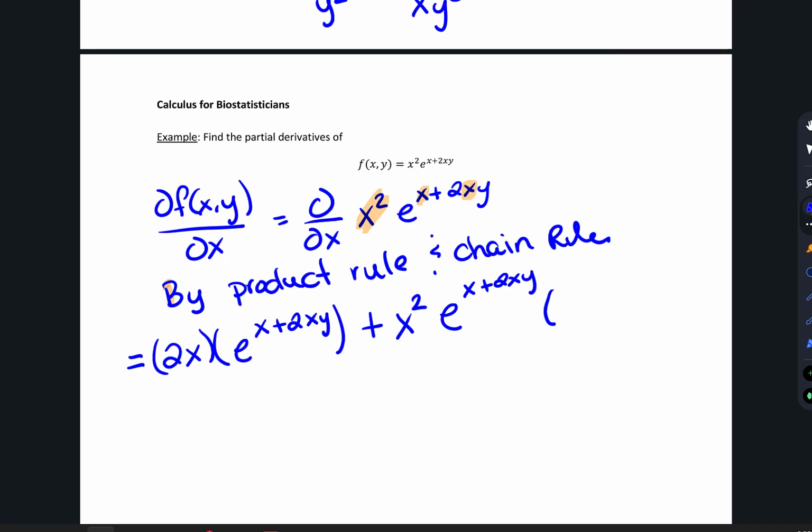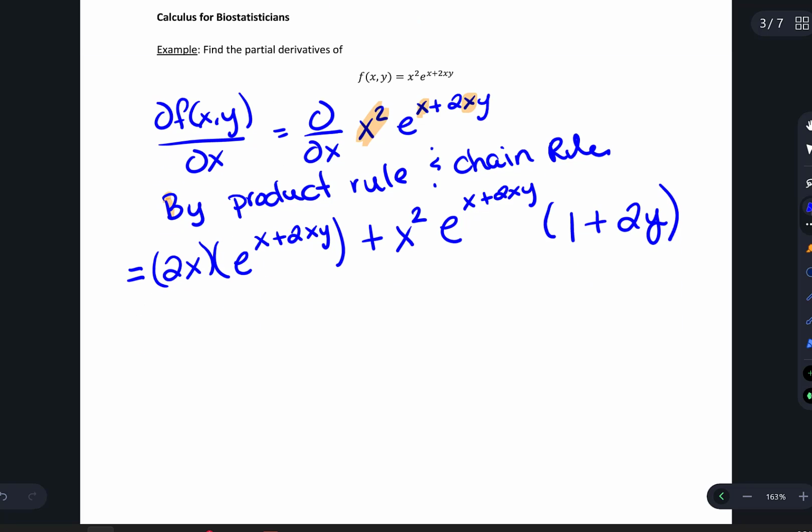So the derivative of x with respect to x is 1, and that second term, 2xy, remember that we're treating the y as a constant, so that is just 2y. So simplifying, this becomes e to the x plus 2xy times 2x plus x squared plus 2x squared y.